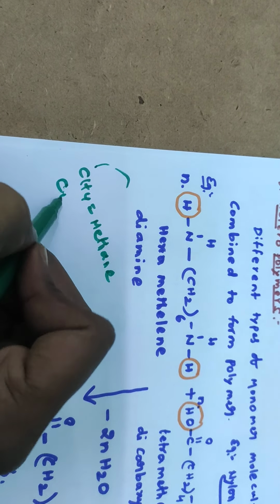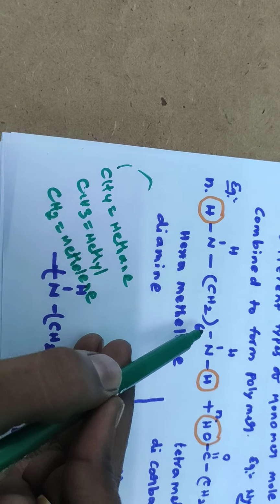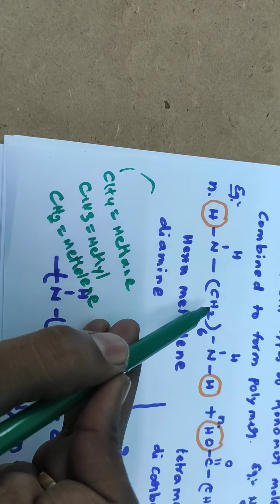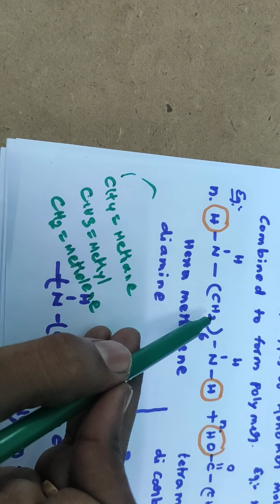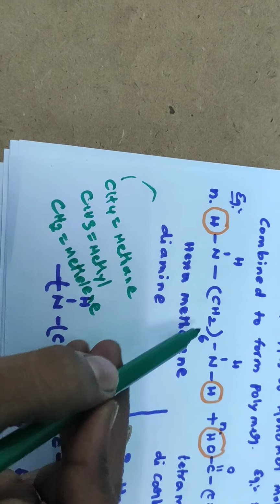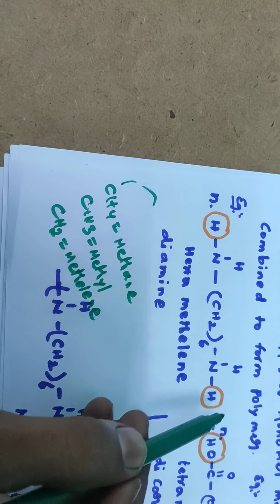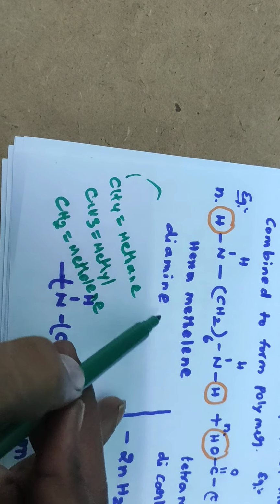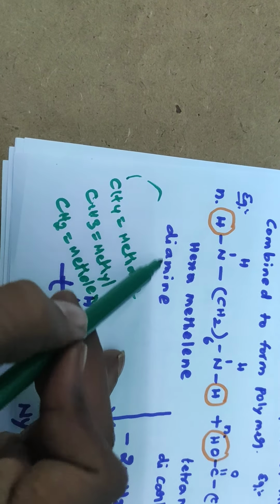How many CH2s? 6 CH2s. 6 is hexa. Hexa CH2 is hexamethylene. The NH2 group is called an amine group. Here two NH2 groups are present, that's why it is named diamine. Hexamethylene diamine.